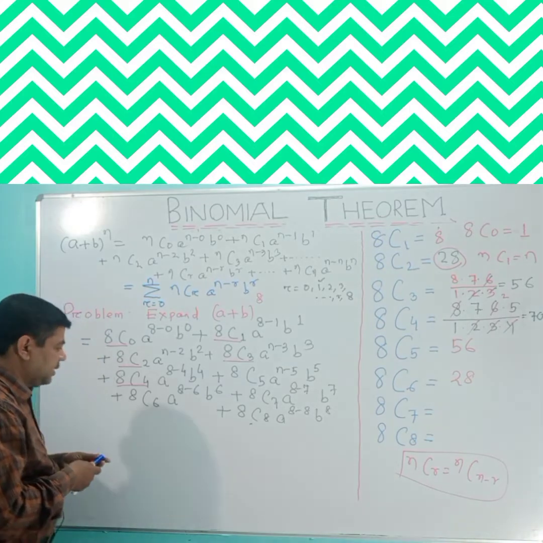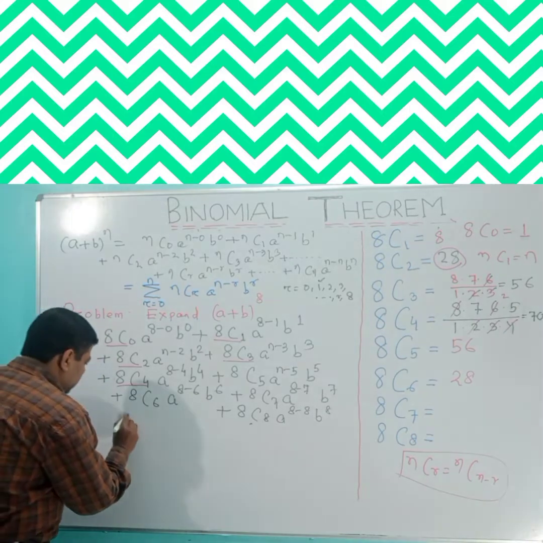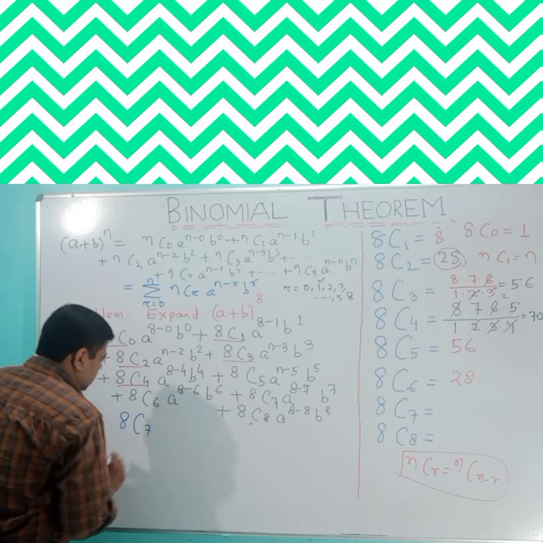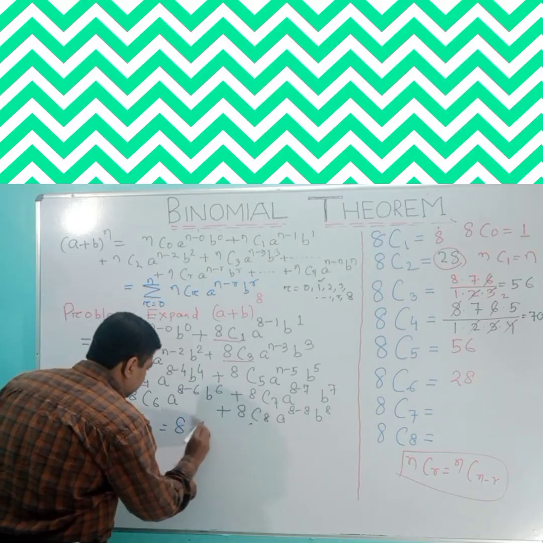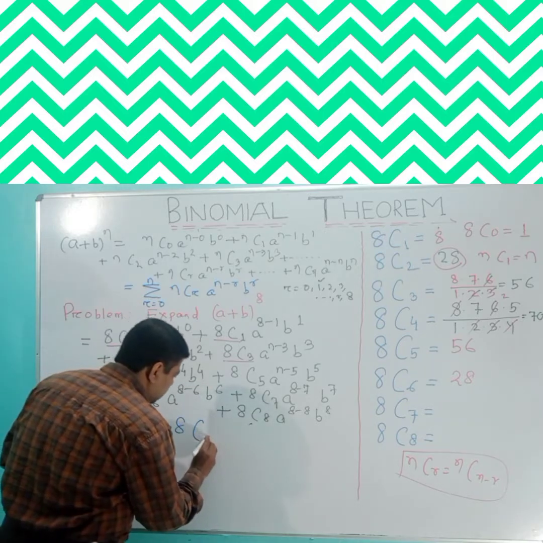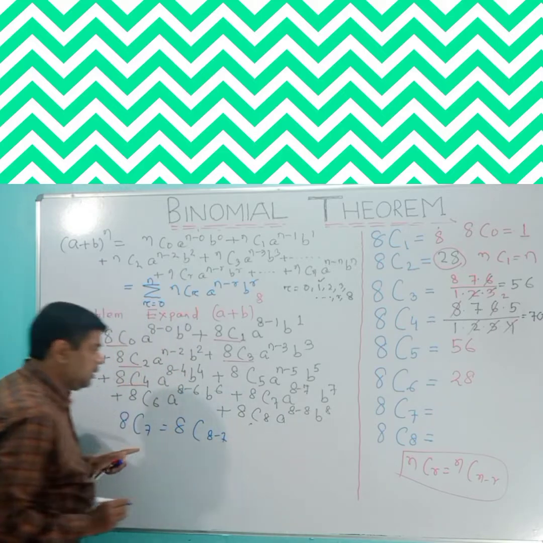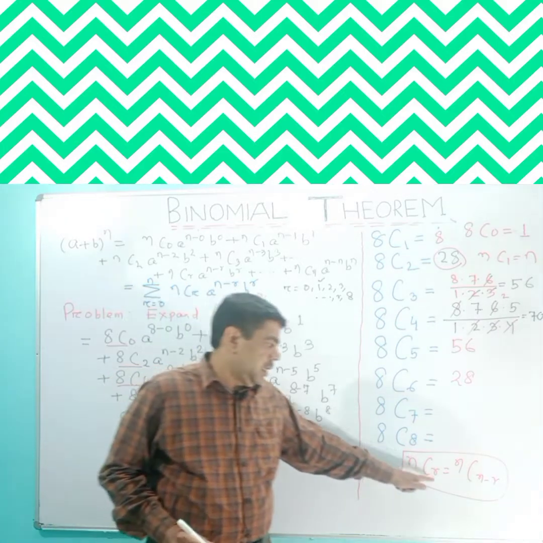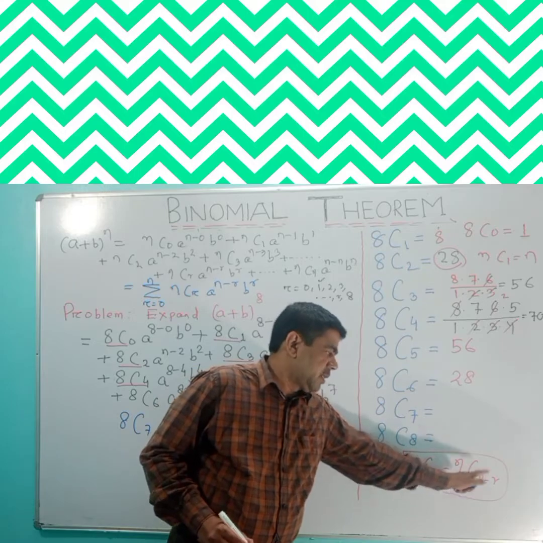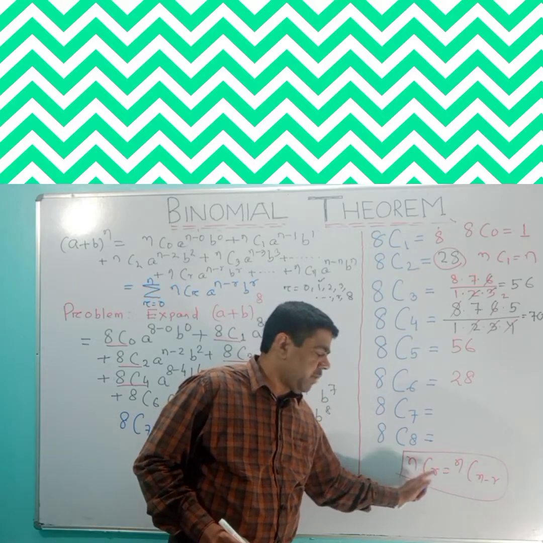What is 8C7? Similarly, you can write 8C(8 minus 7). nCr is equal to nC(n minus r), which means you subtract r from n.